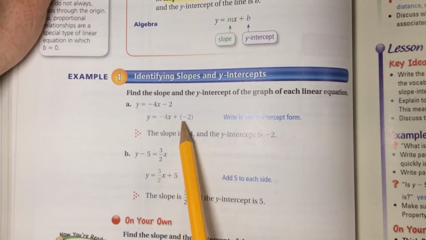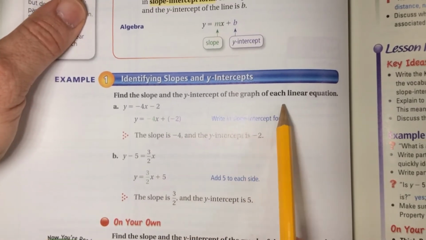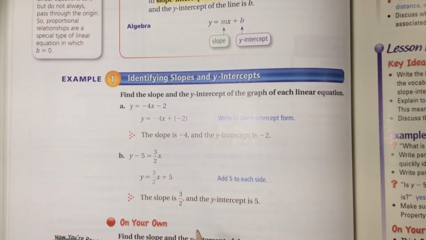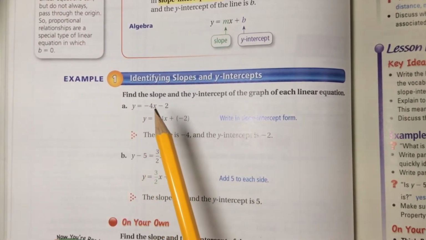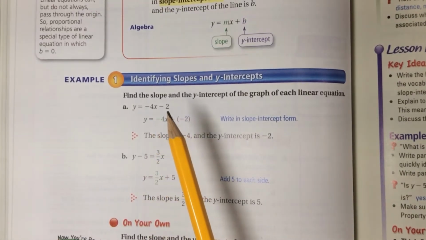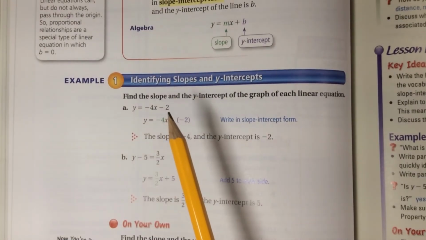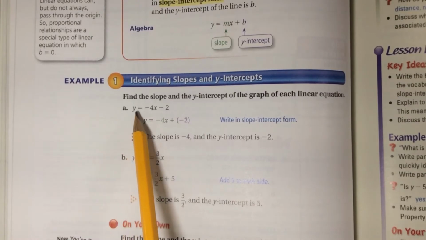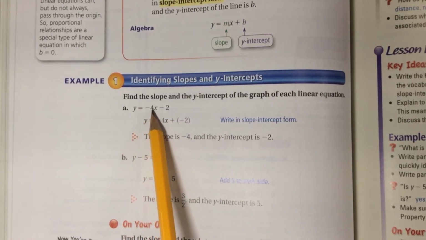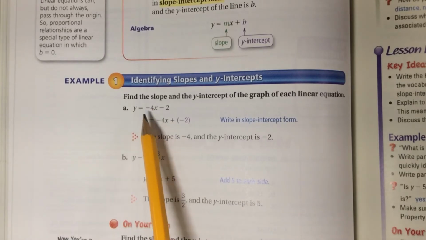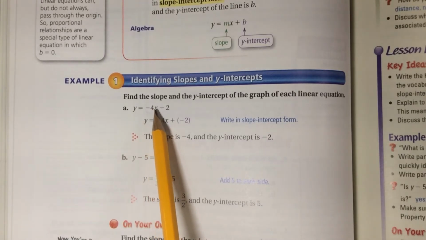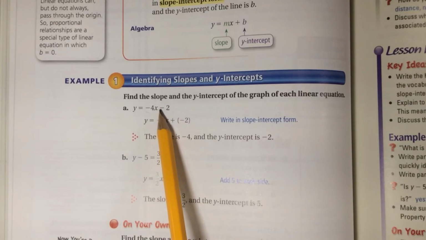It says, find the slope and the y-intercept of the graph of each linear equation. So let's look. Here's the equation. Y equals, and look, there's the m. It's the coefficient of our x term. And here's the b.